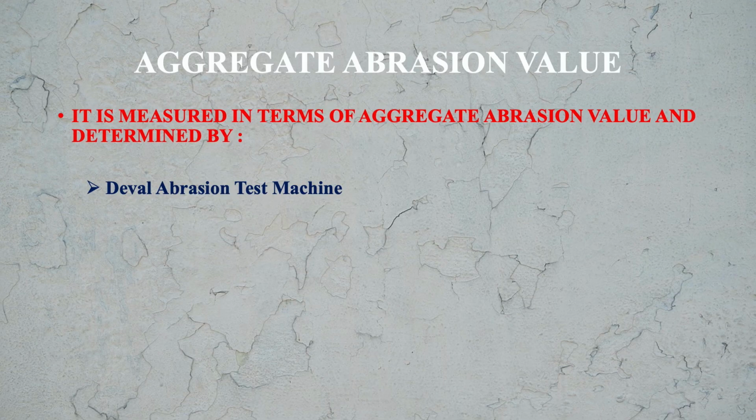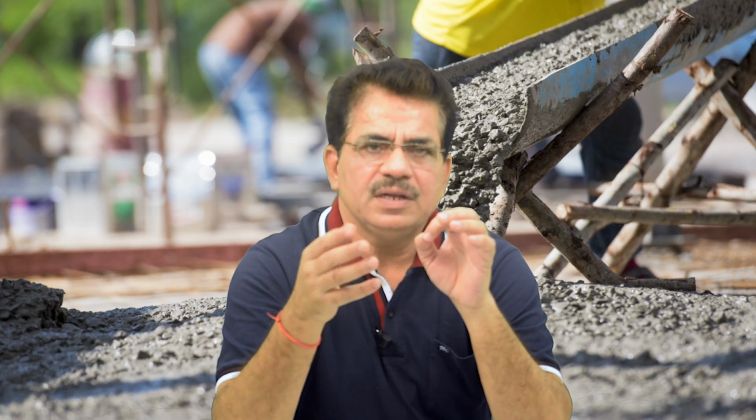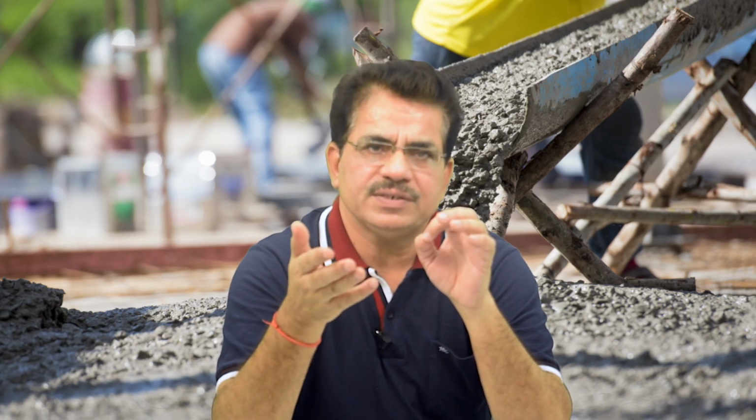One is the Deval abrasion test machine and another one is the Los Angeles abrasion test machine. Los Angeles abrasion test machine is more commonly used as it gives a better representation of hardness. So we will be discussing the Los Angeles abrasion test.